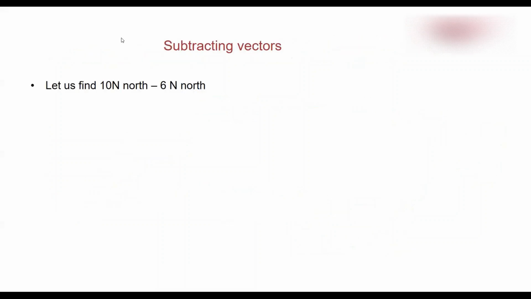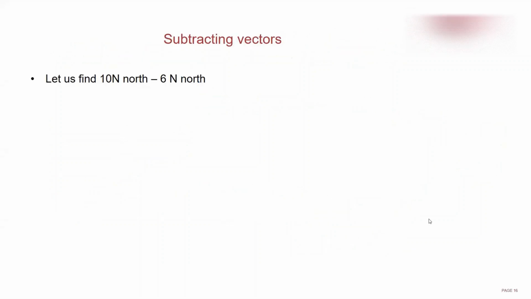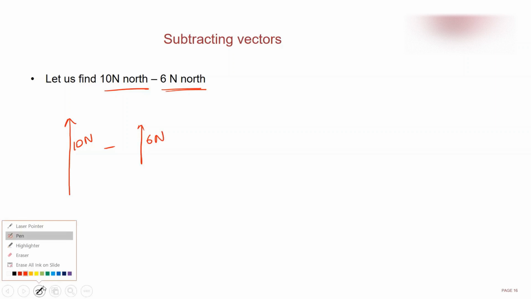Let's see how to subtract vectors. Just take this example, 10 newtons to north minus 6 newtons to north. So I have 10 newtons to north and I have to subtract 6 newtons to north. When we have a subtraction question, we can convert it to an addition question just by changing this to a plus.